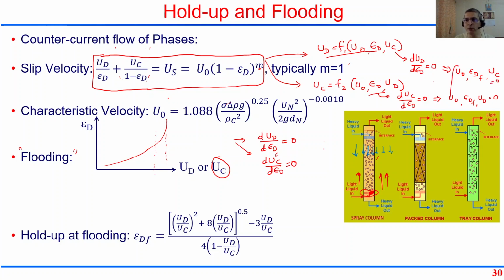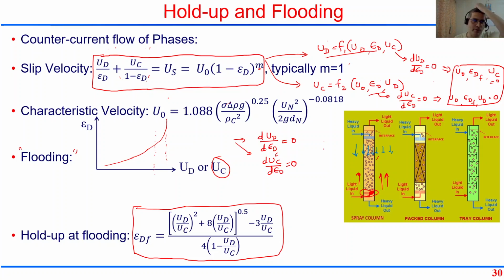Now eliminate u0 between these two expressions, and you will get a relationship for holdup at flooding. Don't trust me, you can derive it for yourselves. I'm just reducing the time, you can do it for yourselves.